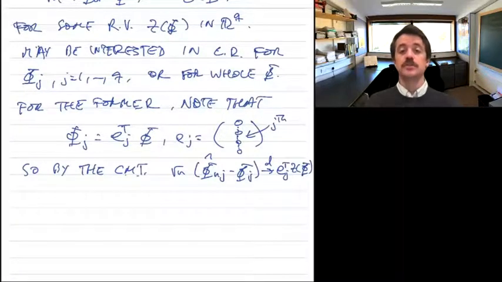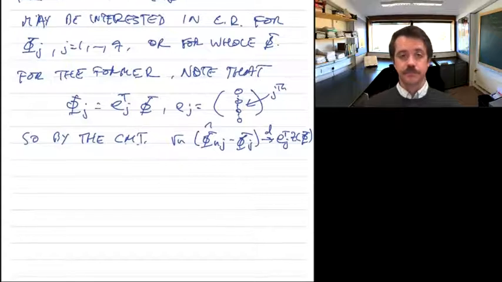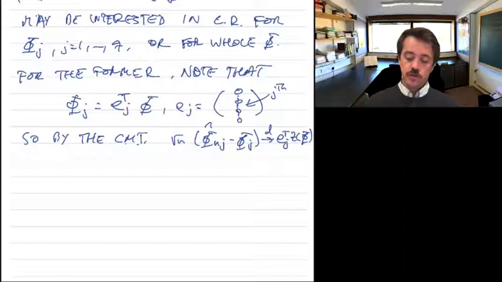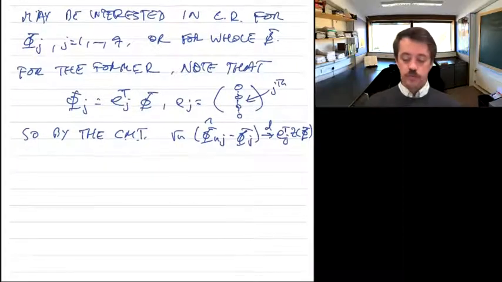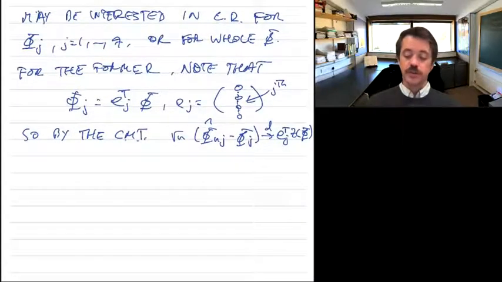That should be clear to everyone. Okay, so then let's build a confidence region, which in this case is a confidence interval because we are in one dimension.